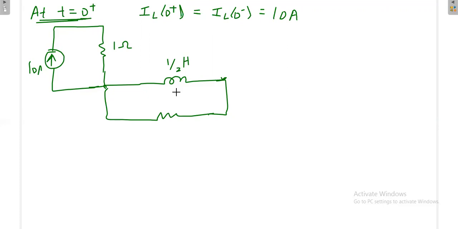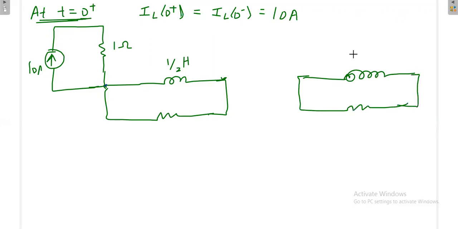Now my aim is, for example, if this dot connection is not there, simply I will write this circuit here, this resistance here. Then this is having some initial current. No problem.